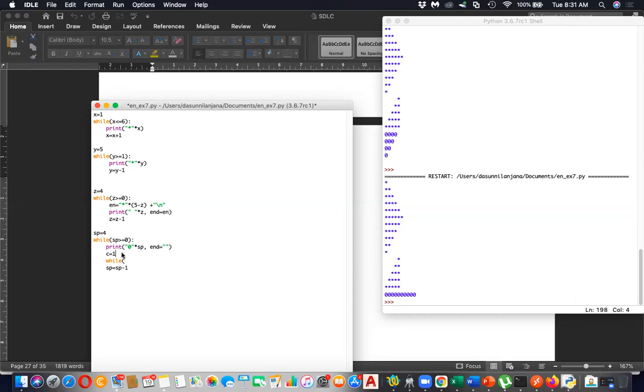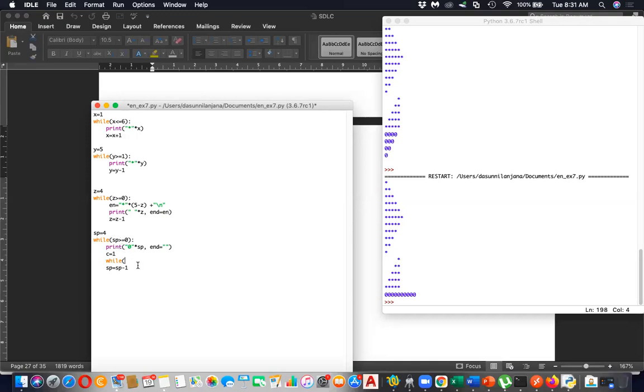So let's use another c, c is equal 1. Let's say this is now increasing. So a decrease in the number of spaces means I have to increase the number of asterisks. To increase the number of asterisks, the first time it's starting from 4.